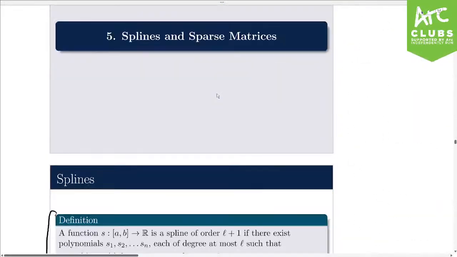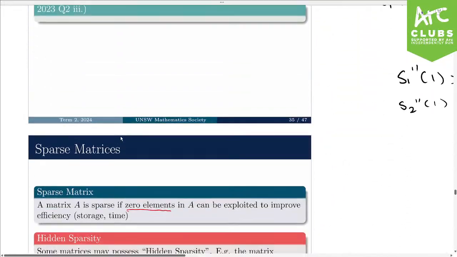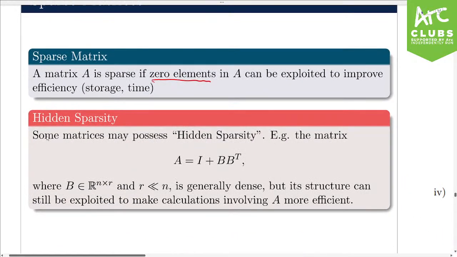But I think that's the idea of hidden sparsity here. So matrices may possess hidden sparsity.